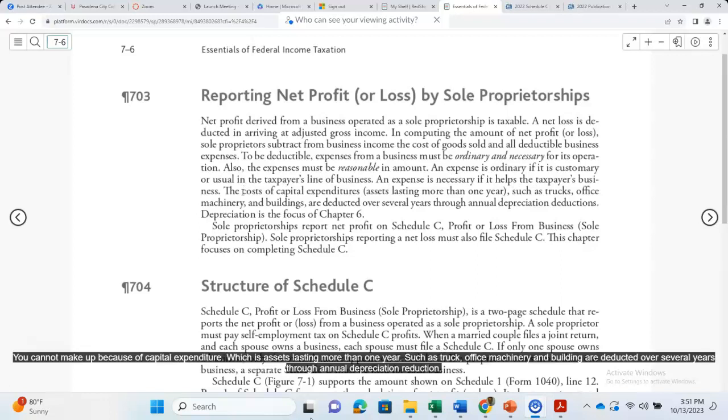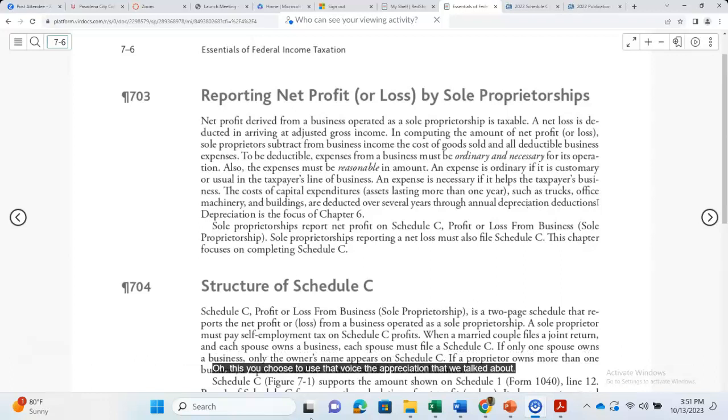You cannot make up expenses. The cost of capital expenditure, which is assets lasting more than 1 year, such as a truck, office machinery, and building, are deducted over several years through annual depreciation deduction, unless you choose to use that bonus depreciation that we talked about with others.